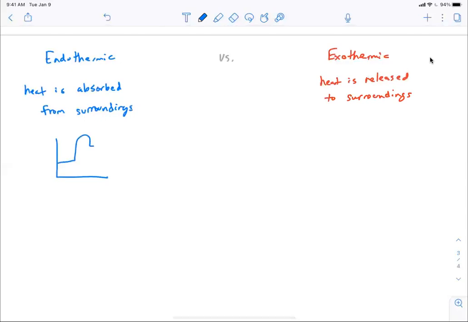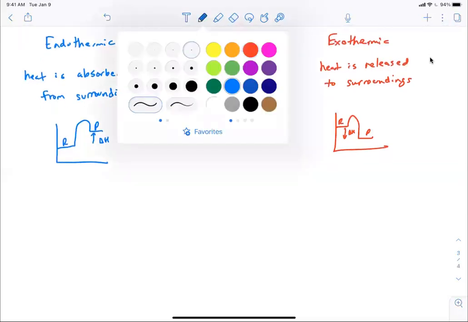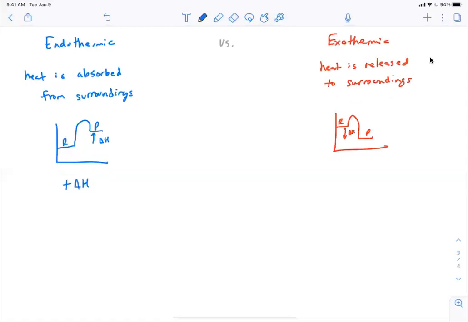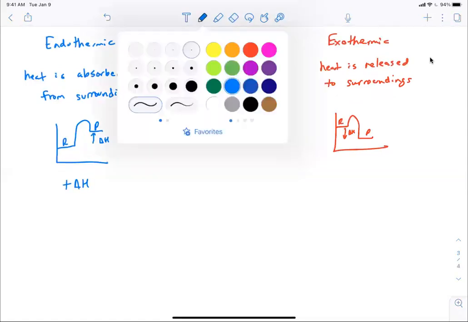If we were to draw the reaction energy diagram, it would look like this: the reactants and products, and that would be your delta H. Versus this being your exothermic reaction, where that would be your delta H. Which means that this will have a positive delta H value for the overall reaction.